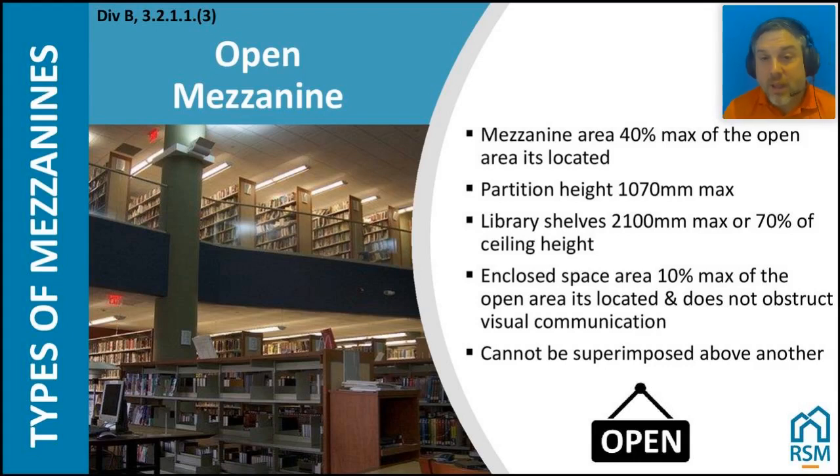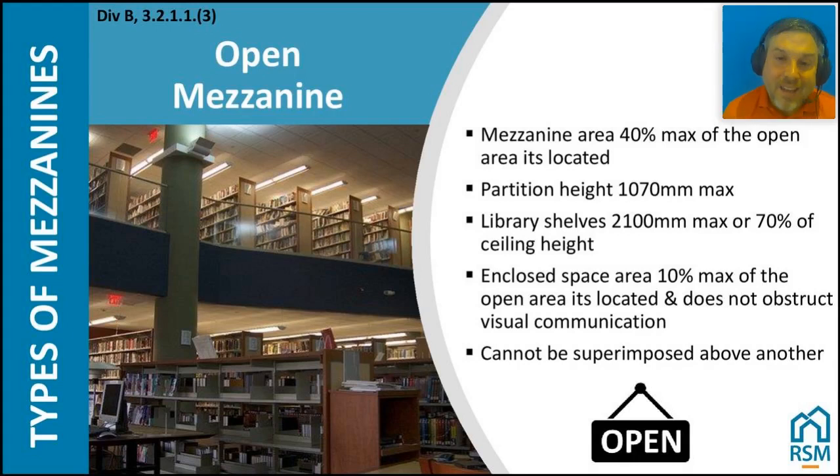A few code cycles ago, they added a provision, because I remember when the code first had these provisions, somebody would have a mezzanine at 40%, and then they'd put a tiny little closet in the corner, and someone would say, oh, that's a closed mezzanine, now you've got to meet the other provisions. So the code was changed to allow, even though it's an open mezzanine, a 10% maximum of the open area in which it is located.